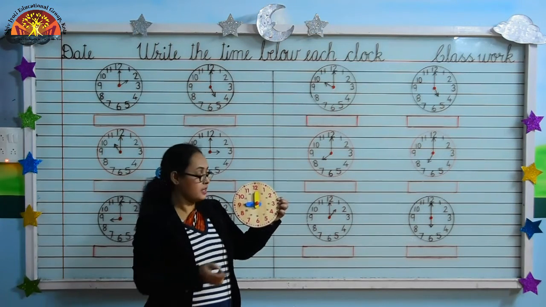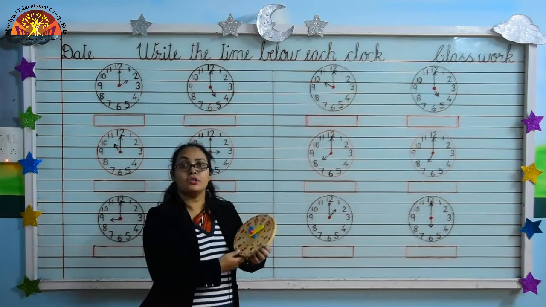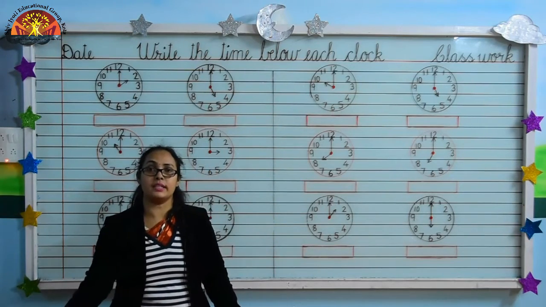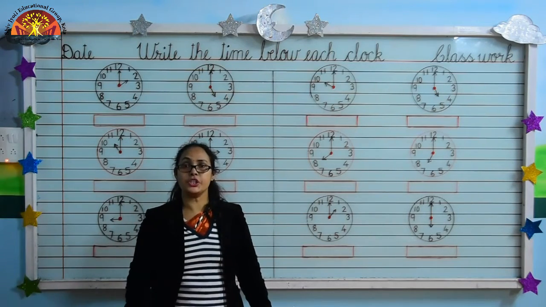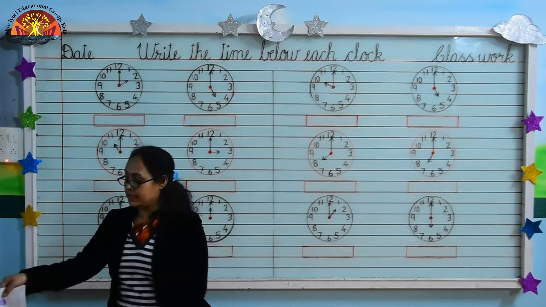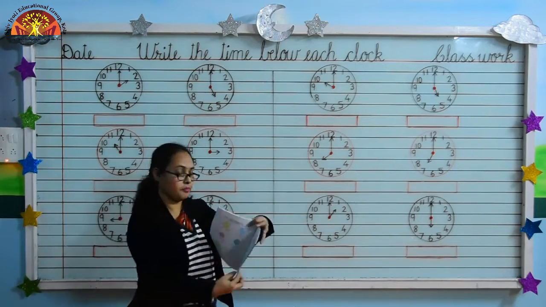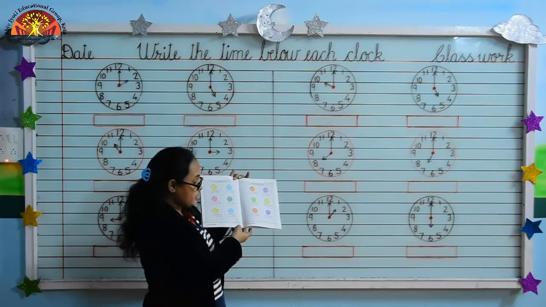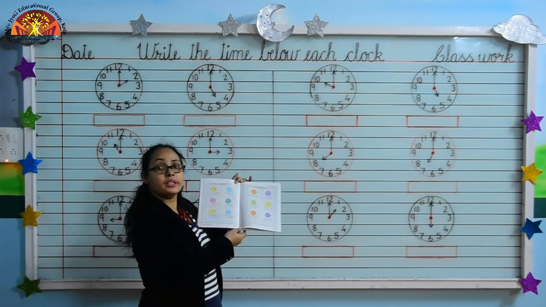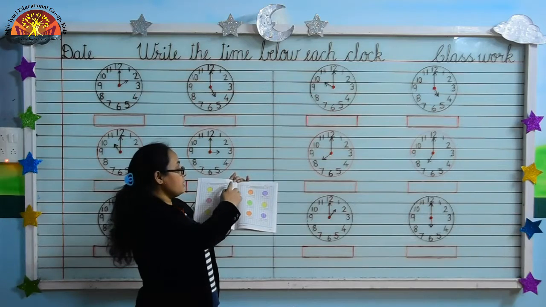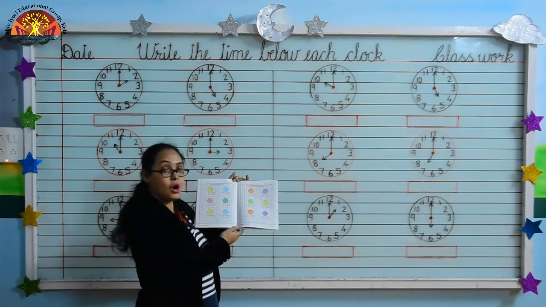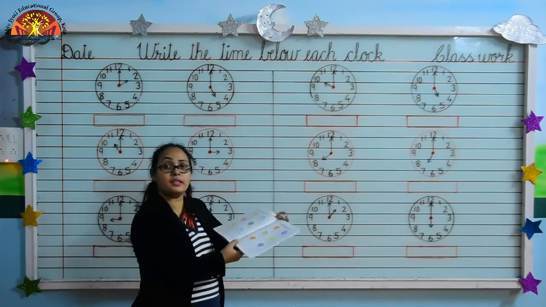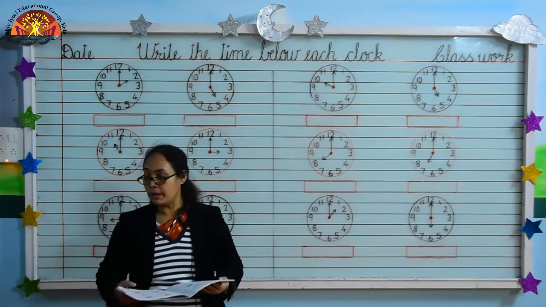We read as 9 o'clock. So kids, today we will write the time below each clock. So take out your Maths Workbook 2, open the page numbers 70 and 71. Kids, don't forget to mention the date and classwork on both pages. Let's write with me. Take out your pencil.